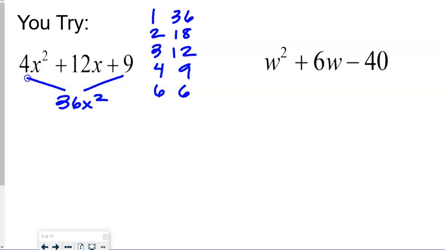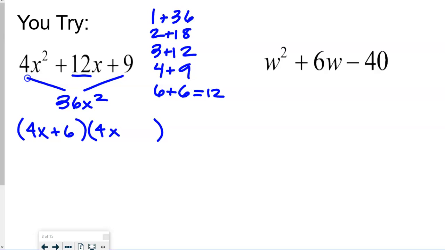So again, because everything's positive, we're going to add these. So what we're trying to find is where is our sum of what? 12, right? That's what we're looking for. And that would be this one right here. So here again, we're going to put 4x in our parentheses. Remember, we're putting our coefficient with our x. And then we're going to put plus 6 and plus 6, right?